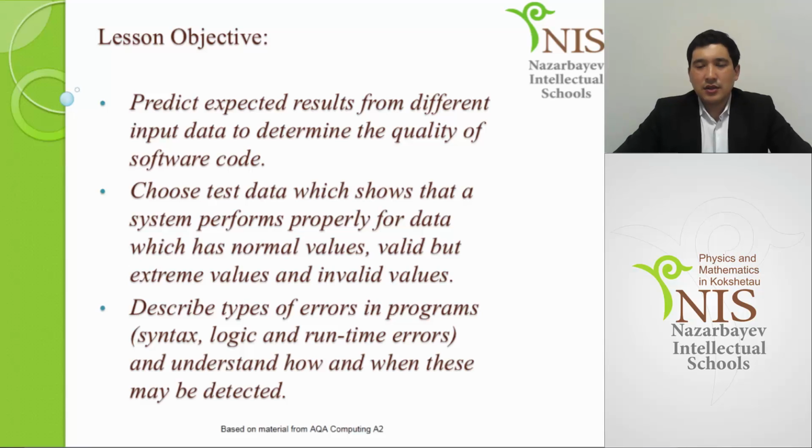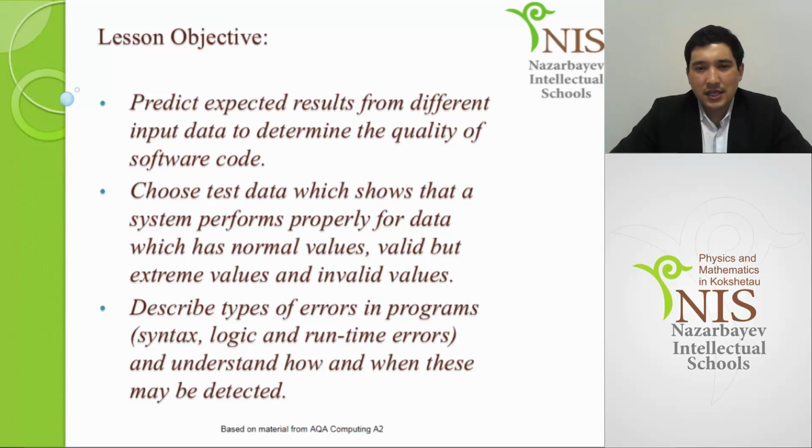In this lesson we have the following learning objectives. First is to predict expected results from different input data to determine the quality of software code. Second is to choose test data which shows that the system performs properly for data which has normal values, valid but extreme values and invalid values.